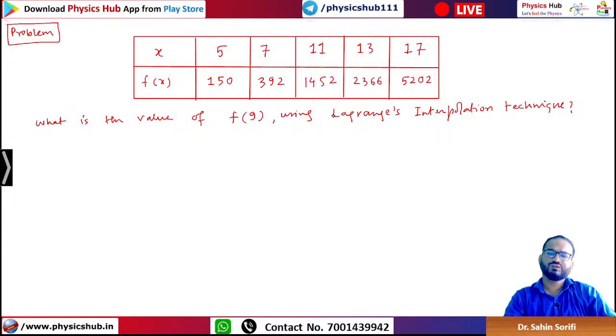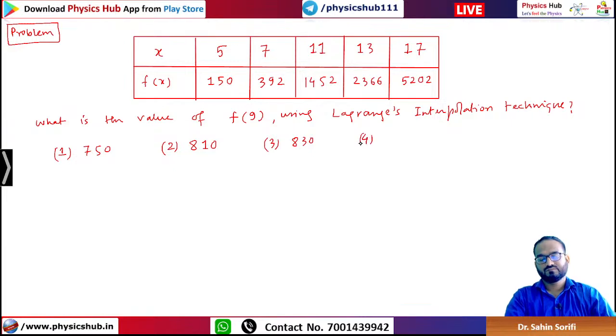Sometimes you may not get the Lagrange interpolation technique mentioned in the question, but by looking at the values given to you, you can easily understand that it is talking about the Lagrange interpolation formula. 750, 810, 830, 910.